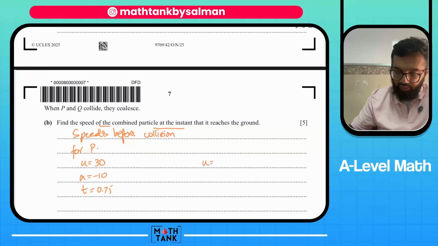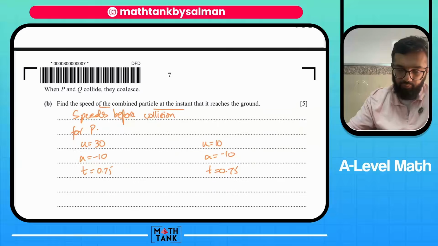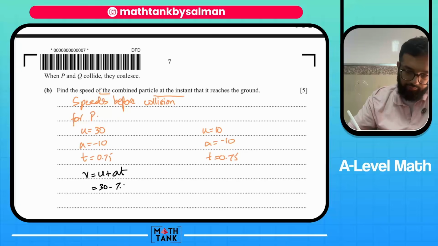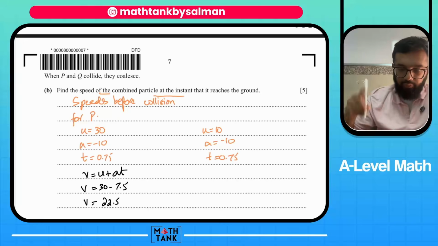For Q, U was 10, A was minus 10, and T was 0.75. Okay, so V equals U plus AT. So I'm assuming it's still going up.